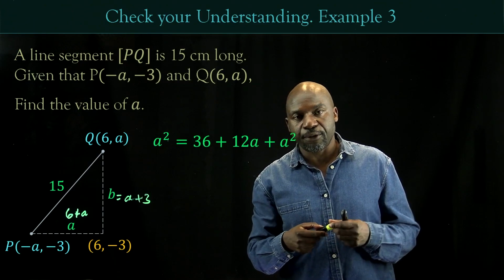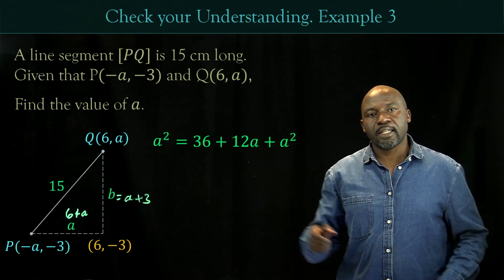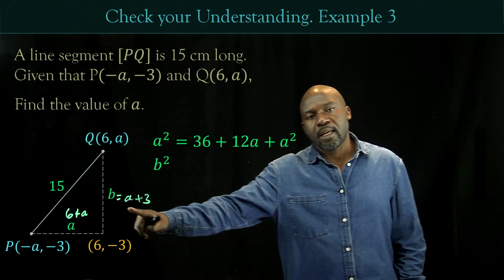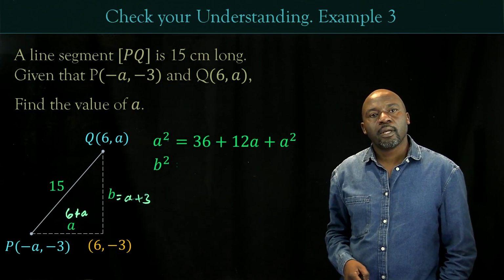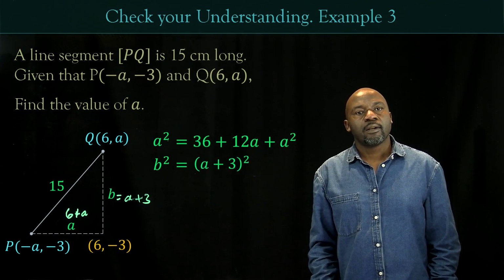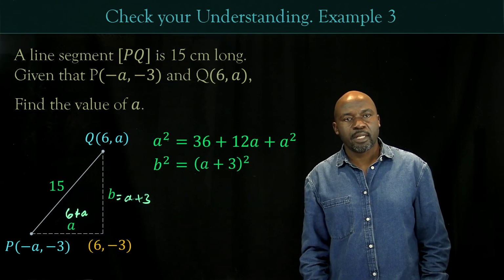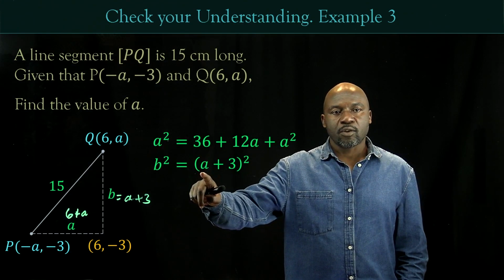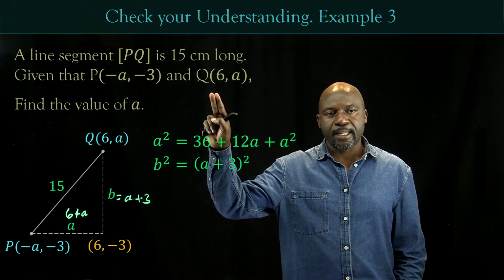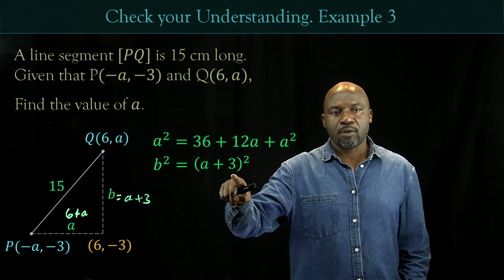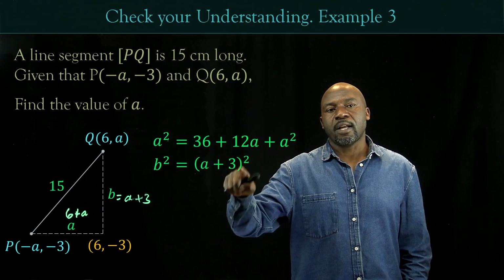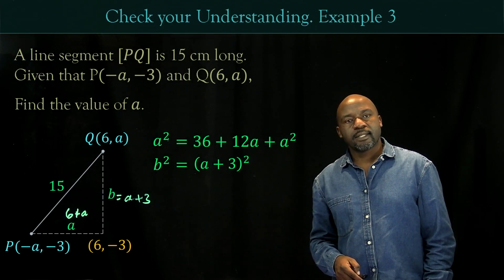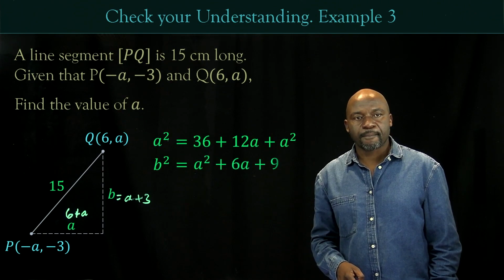So that's the value of A. And if we are going to find the value of B, then we can write that B squared is A plus 3 squared. If we open that bracket, this becomes A squared plus twice A times 3, that is 6A, and then plus 3 squared, which is 9. So we end up with A squared plus 6A plus 9, like that.